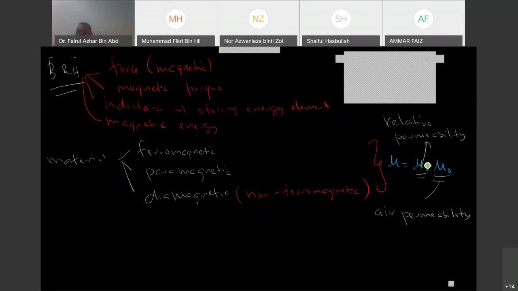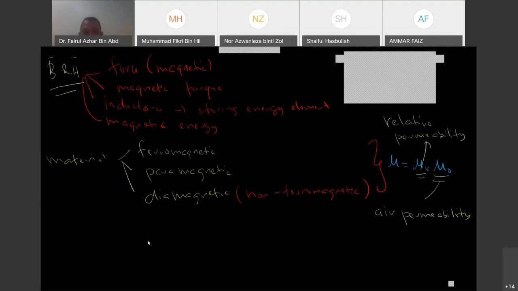The value of mu r depends on the classification of the material. If the material is classified as diamagnetic, the value of mu r will be equal to 1. If the material falls under the ferromagnetic type, the value of mu r is probably more than 1000.